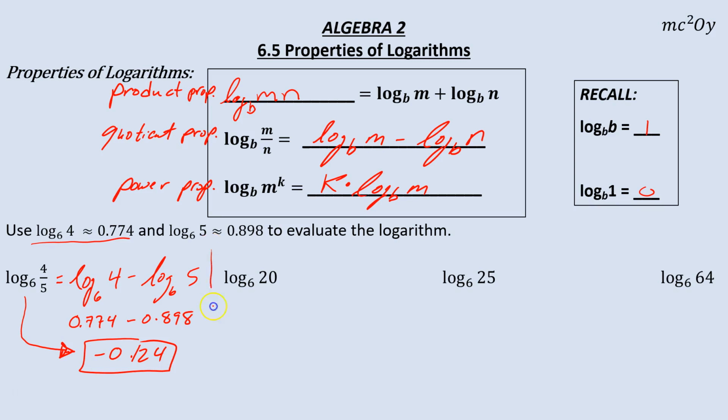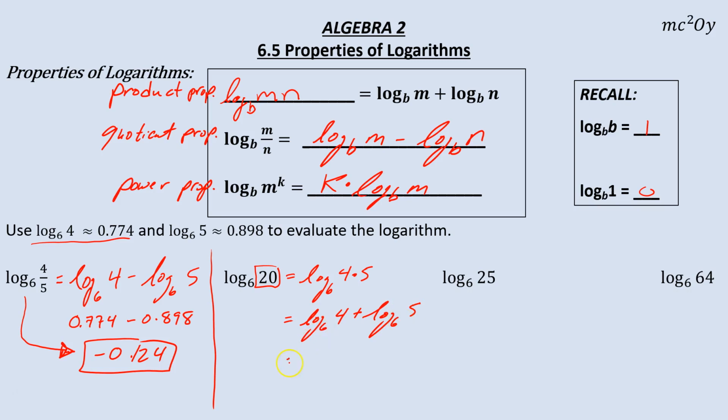So when we're doing something like this, what we want to do is look at the number. These are both log base 6, but how can you make a 20 using 4 and 5? Well, I could think of that as log base 6 of 4 times 5. And the product property says if I'm multiplying, I'm actually adding: log base 6 of 4 plus log base 6 of 5.